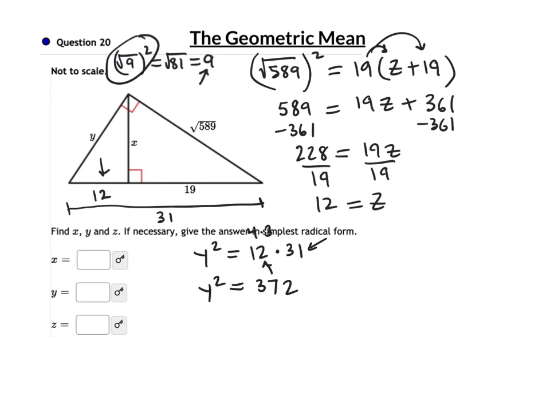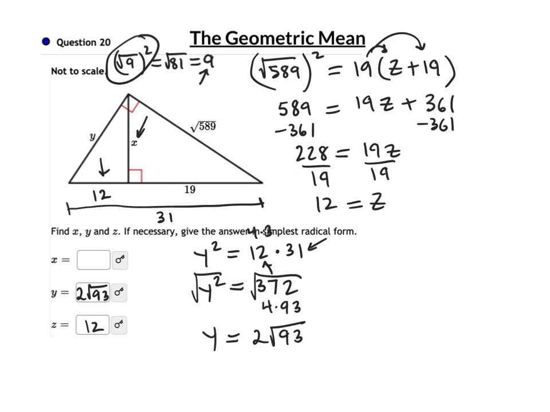So we know 4 divides into 372. If I divide it by 4, I get 93. So when I take the square root of each side, I'm going to write 4 times 93 in there. 93 doesn't have any perfect squares. It's 3 times 31. Those are both prime. Y then, the square root of 4 is 2 root 93. Or you could say 2 radical 93. Z was 12, and Y was 2 root 93.